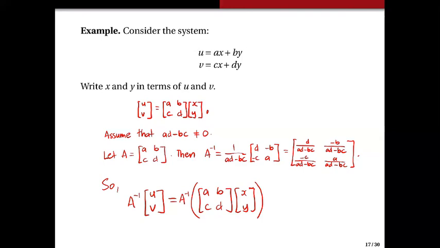And then if we regroup, this is equal to what? You have A inverse times your matrix (A, B, C, D), and then you have here (X, Y).